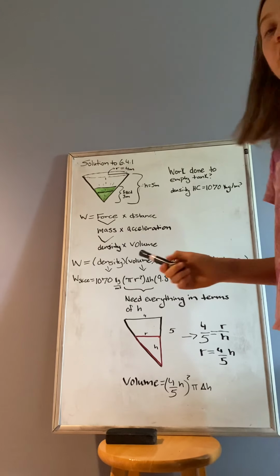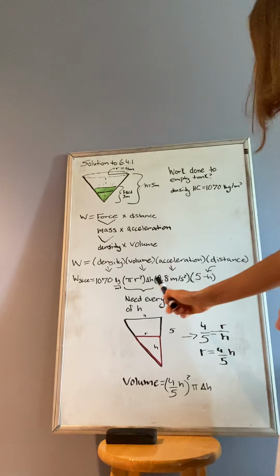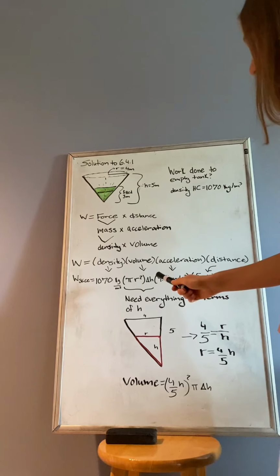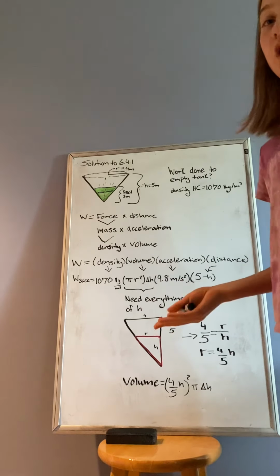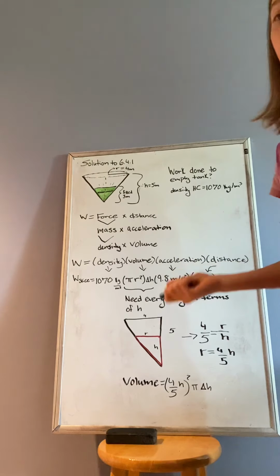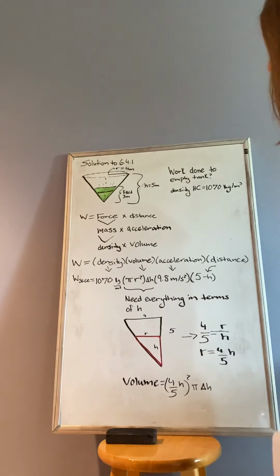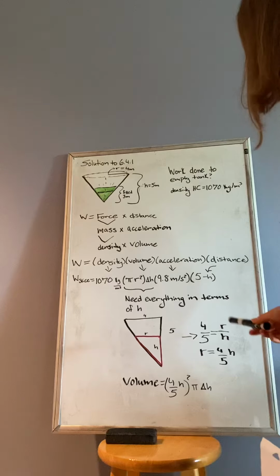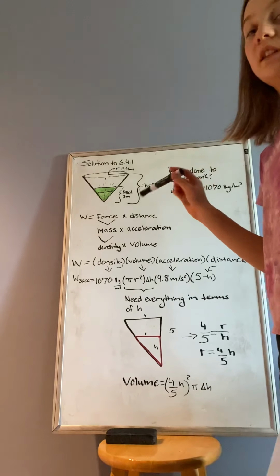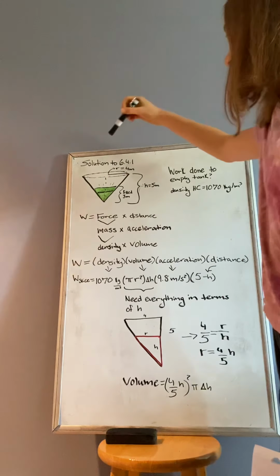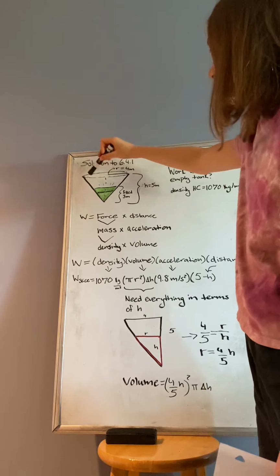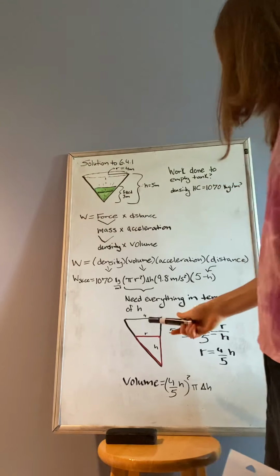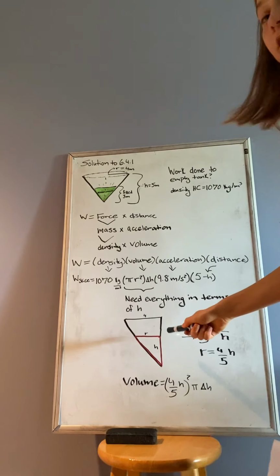So this looks good, except there's one problem. We need everything in terms of h, and this r squared right here, we wouldn't be able to integrate if we kept it. So we need to put it in terms of h. So to do that, we're going to notice that we have some similar triangles in this cone. So this big triangle is made from the total radius and the total height, which is just 4 and 5.